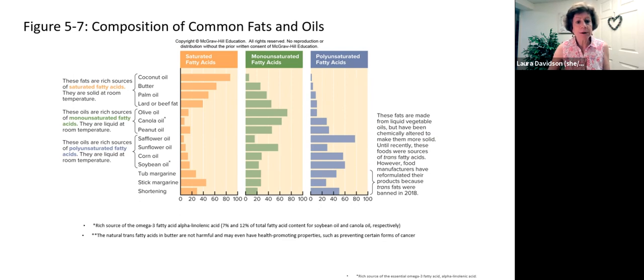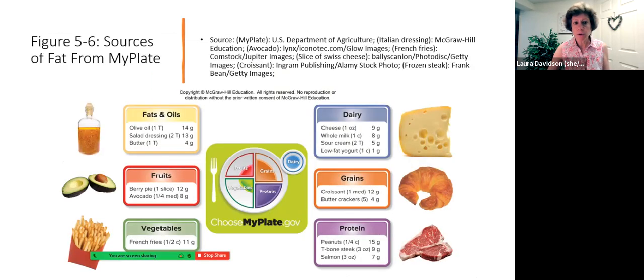Well, that's because even the healthiest of the oils, and you see that here, have some saturated fatty acids. So the goal for saturated fat is not zero or close to zero as it is for trans fats. The goal is less than 10% of calories, which turns out to be somewhere around 22 grams of saturated fat daily.